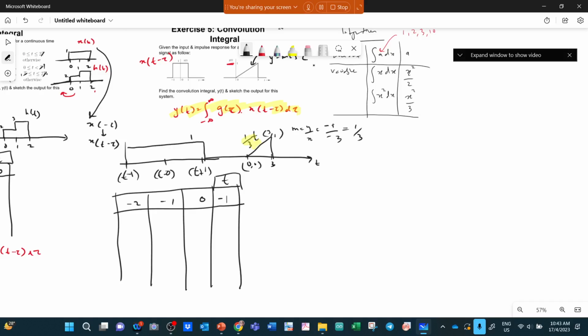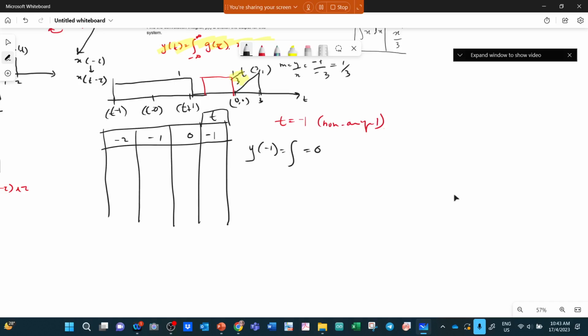Okay, so when you have here, you start off, you can see that this signal is non-overlapping kat sini. So that's why we'll start with t equal to minus 1 for non-overlap. Let's do that. So y at minus 1, the integration is 0.